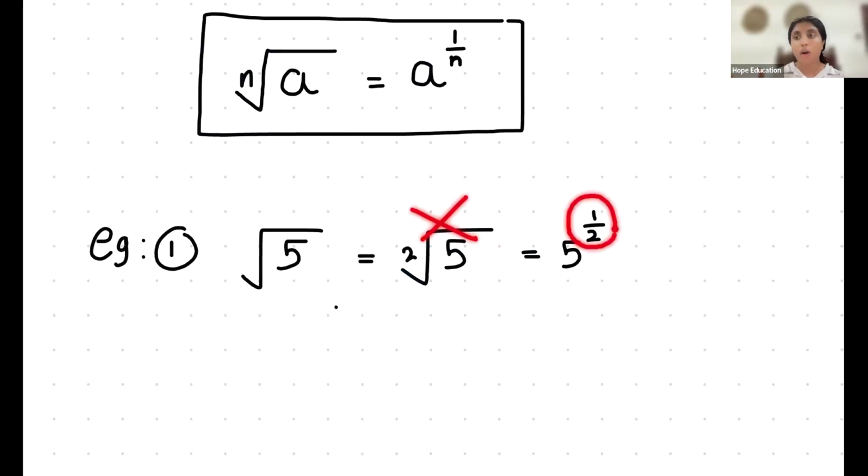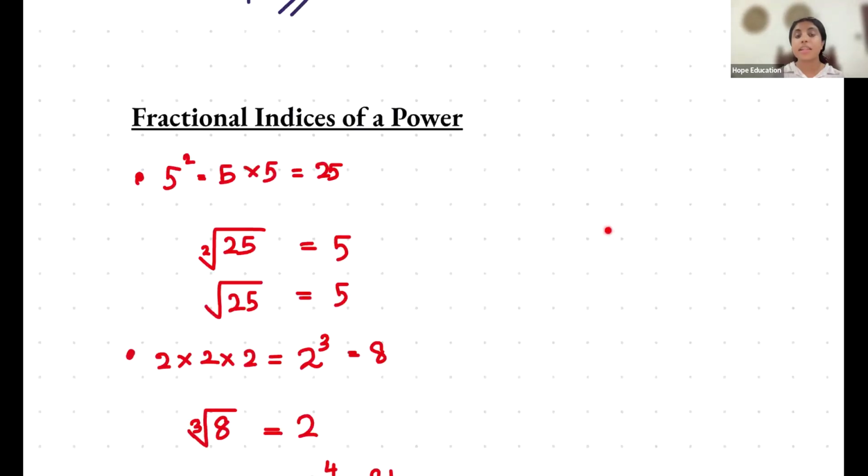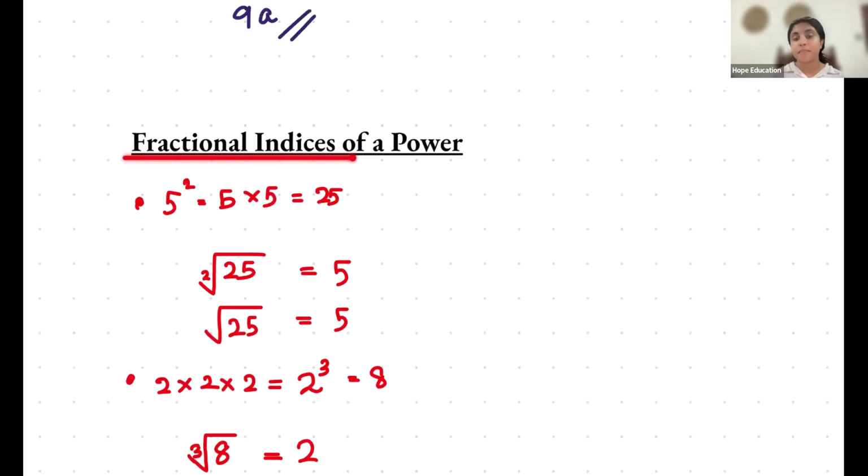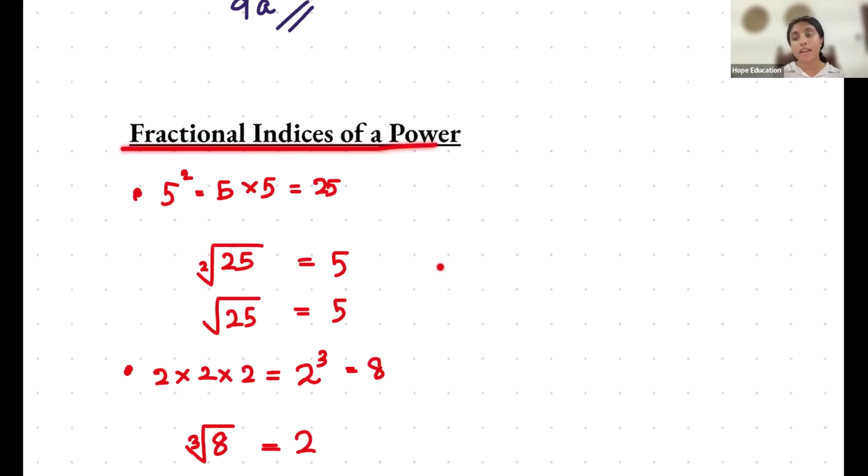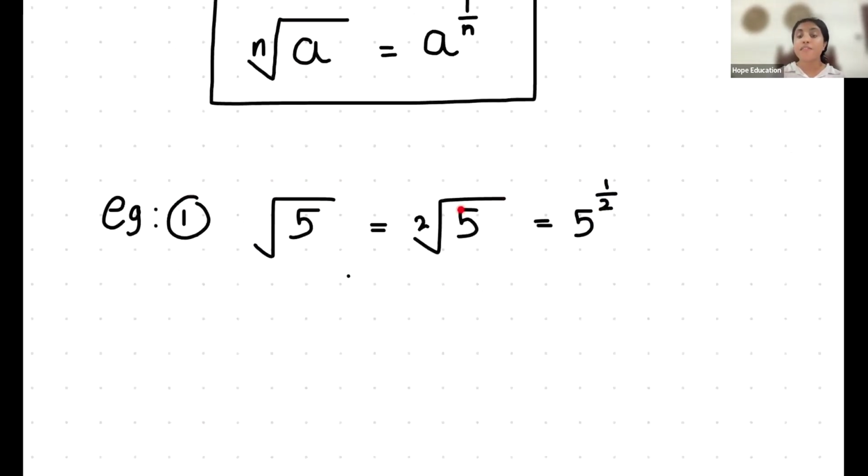But that power or index would be a fraction. That's why I wrote the topic fractional indices of a power. If I remove the root sign, that becomes a fractional index or a fractional power. Let me do another example to make it even clearer.